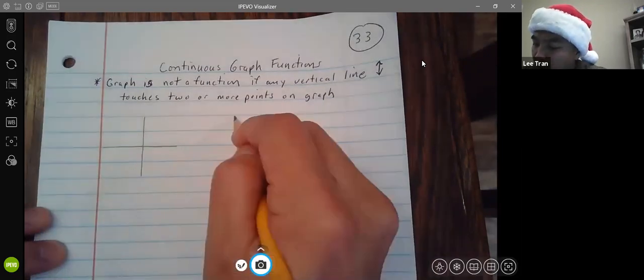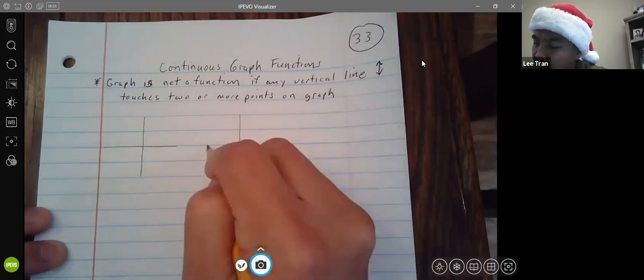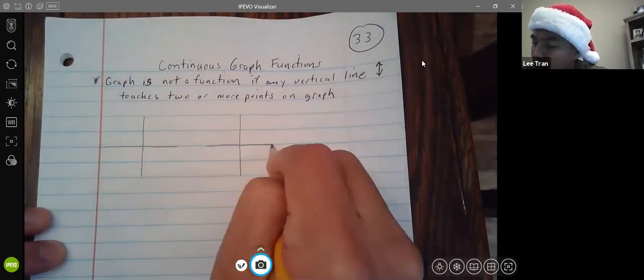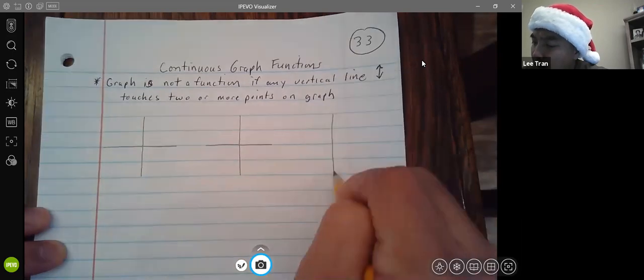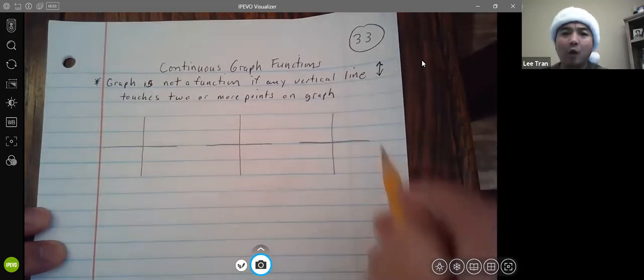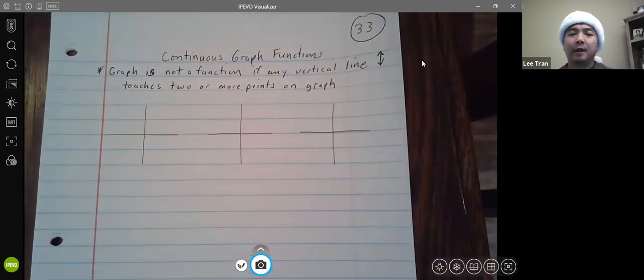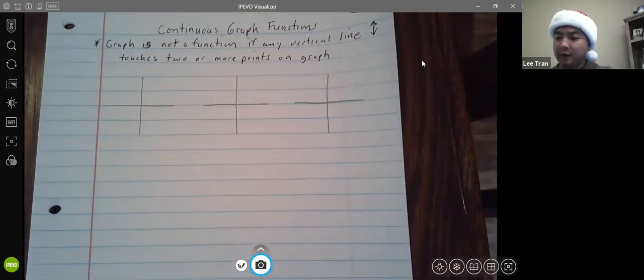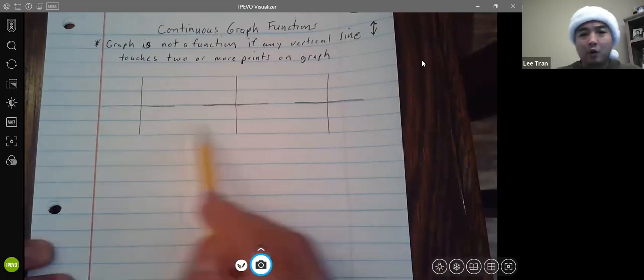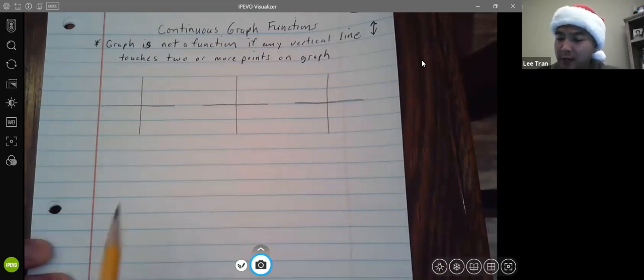So I'm going to draw 3. And we're not even going to number the X and the Y, we won't need them. You just need to be able to visually spot out a function when it's a continuous graph. And after that first row of 3, I'm going to skip 2 lines.